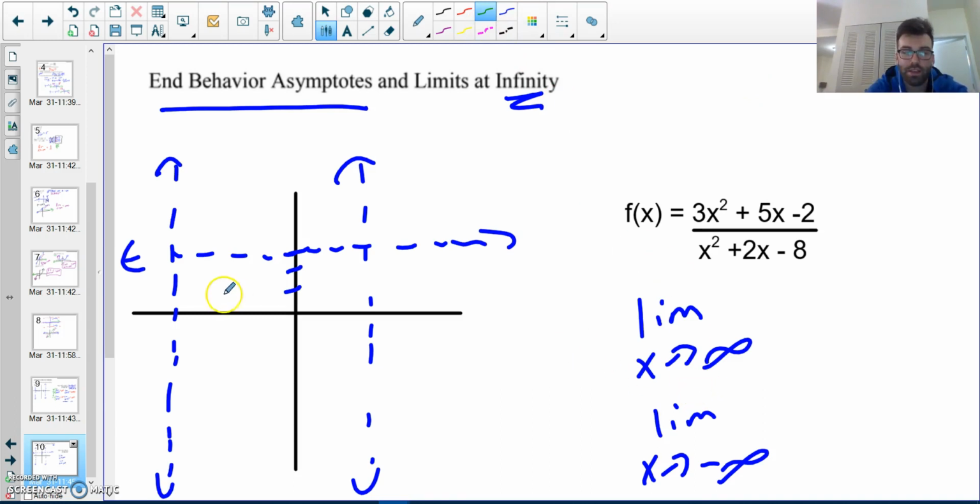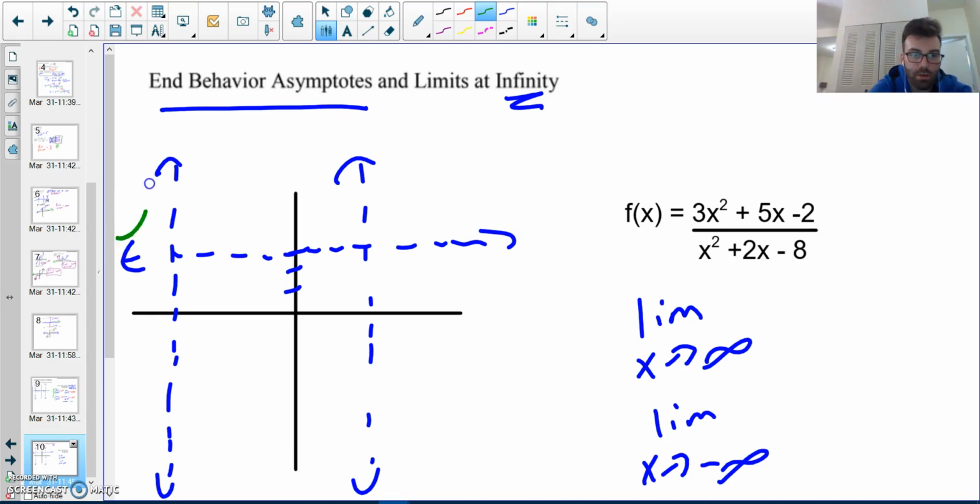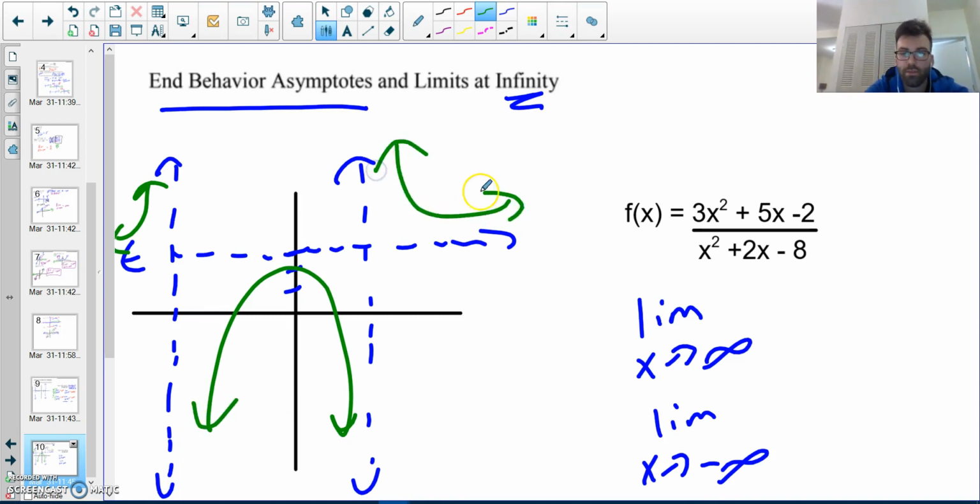If we look at the graph of our function, I have something that looks like this, a rough sketch. As x goes to positive infinity, y is approaching 3.